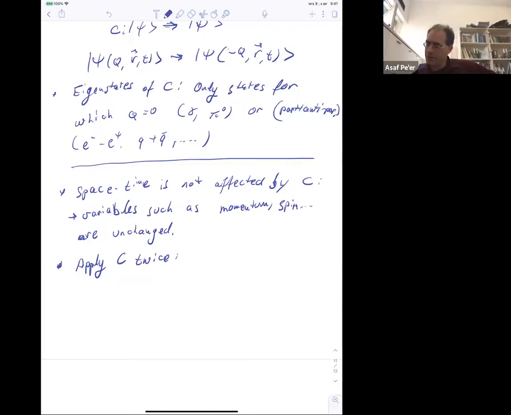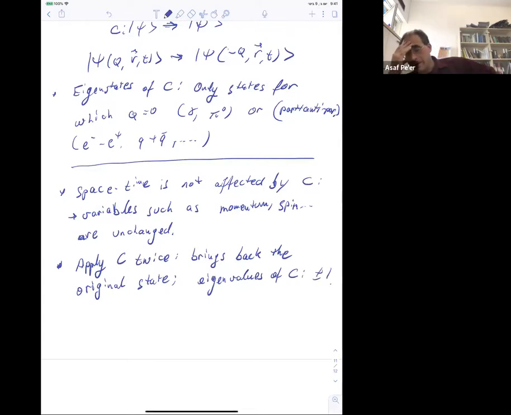So applying C twice brings back the original state, so the eigenvalues of C are plus minus 1.